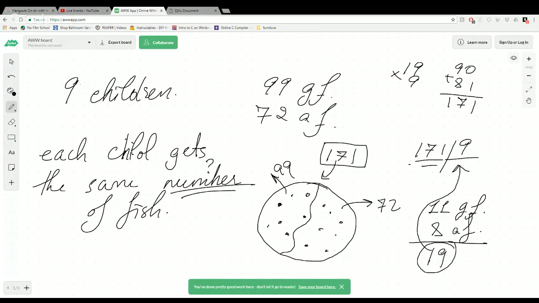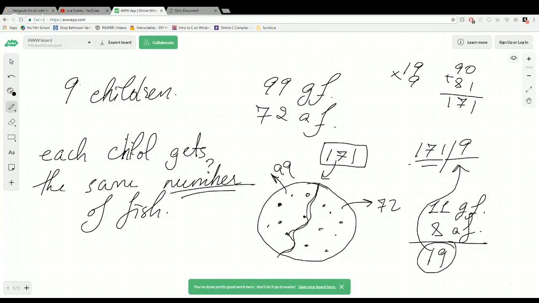In the first scenario, we said, how many fish do I have in total? I have 171. Now divide that by 9 to distribute the fish equally amongst all the children. The second way we did it is we said, let's group our fish into all the goldfish and all the angelfish.